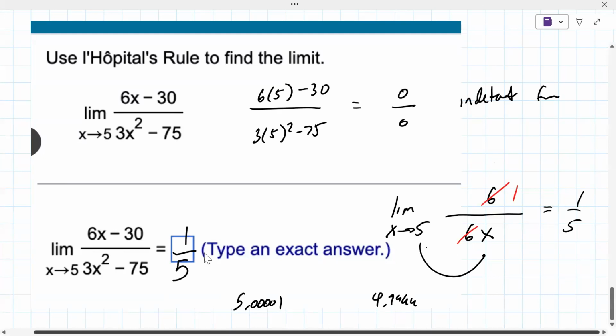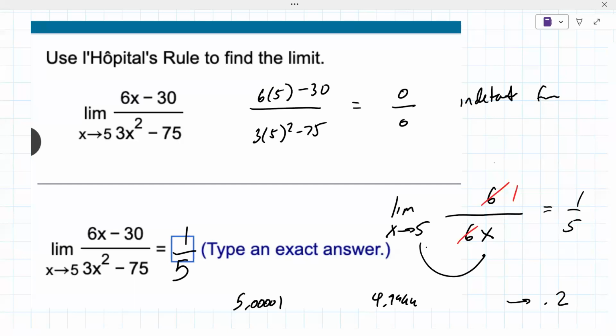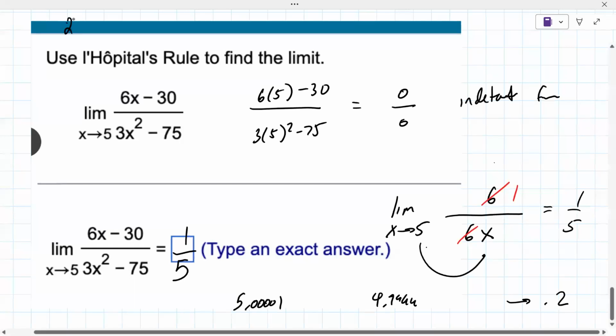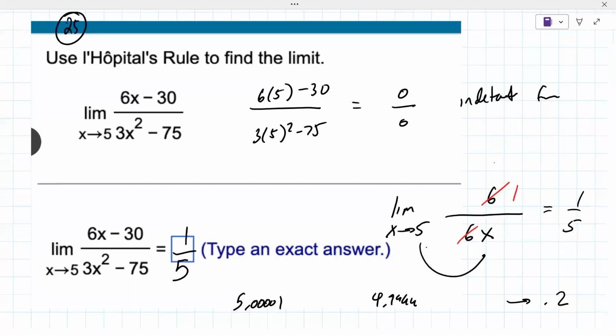You would get really close to 0.2, and you would just look at the answers and see which one matches when you're looking at the multiple choice. So anyway, the answer is 1/5. Hopefully that's correct. That's number 25, by the way. Sorry for not putting that up there earlier.